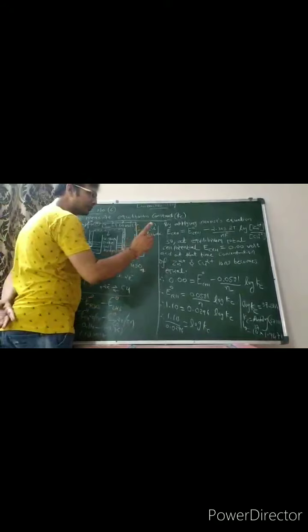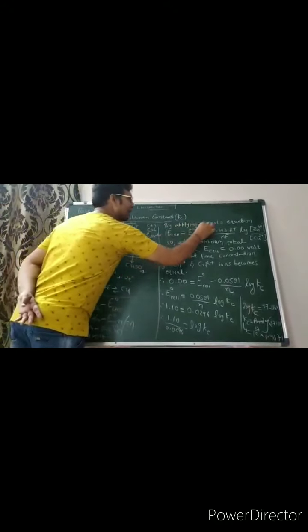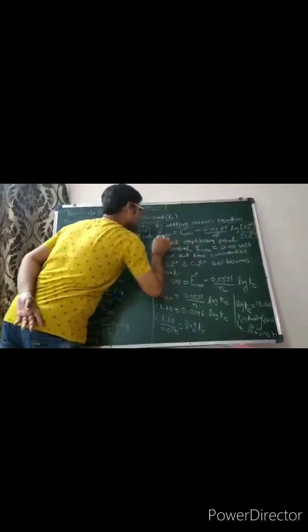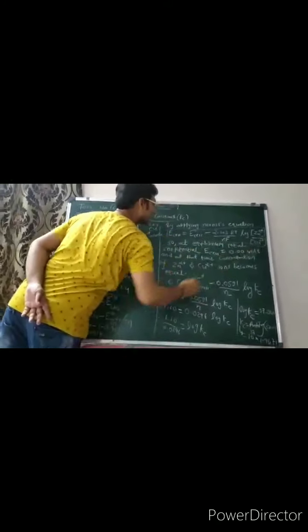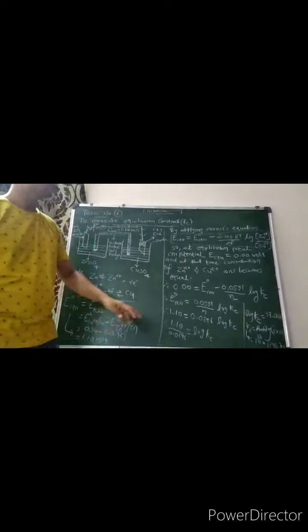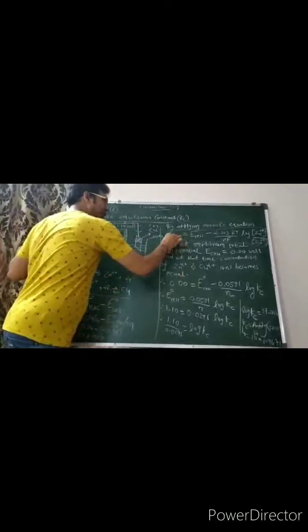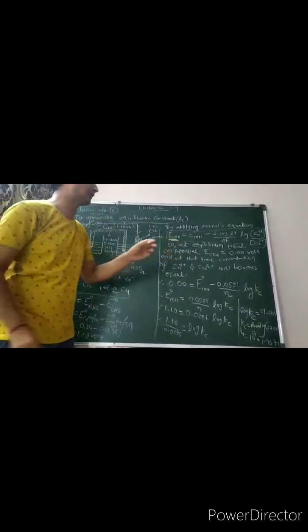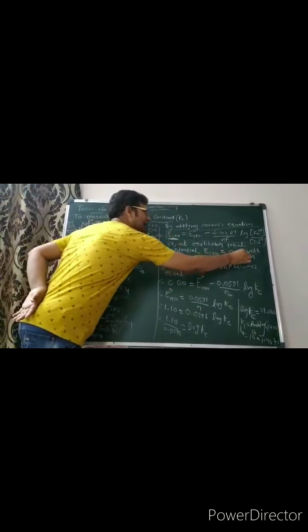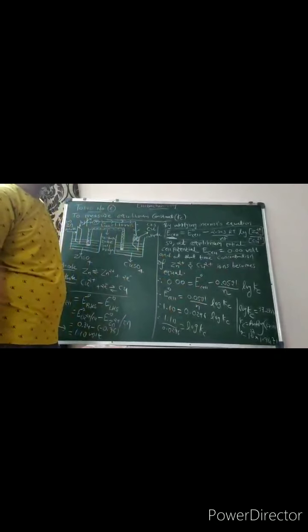It means by applying this Nernst equation, at equilibrium the total cell potential, E cell, is equal to 0.00 volt.